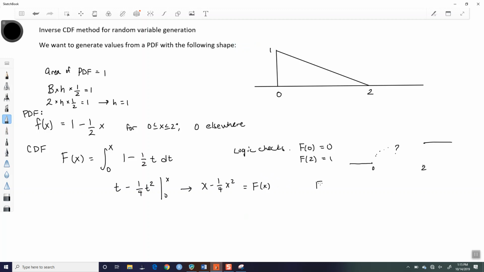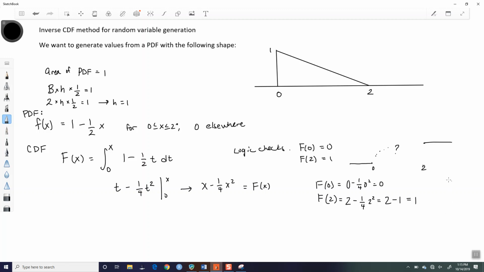Let's plug in 0. We get 0 minus 1/4 times 0 squared, and that indeed is 0. Then let's plug in 2. We get 2 minus 1/4 times 2 squared, which is 2 minus 1 and equals 1.